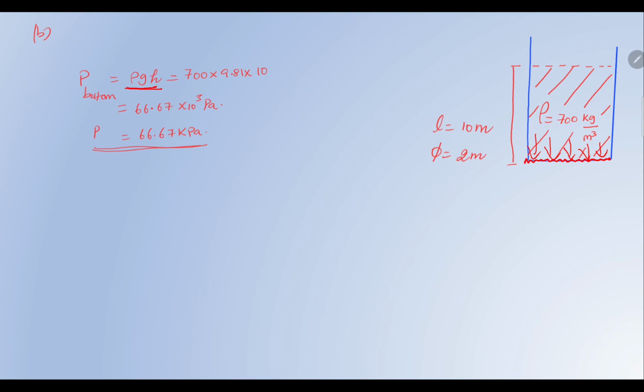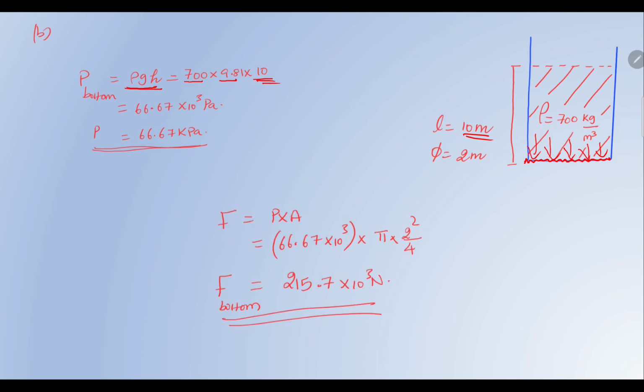So density is 700, the gravity value we already know, and the height is 10 meter. If we put it all in the equation, we get the pressure at the bottom to be 66.67 kilopascals.